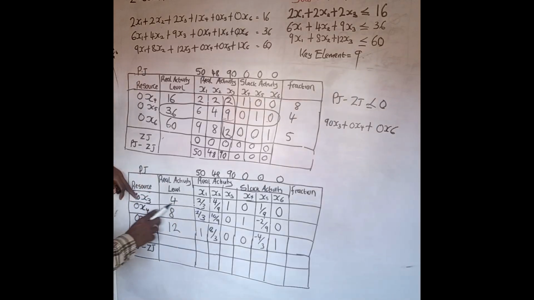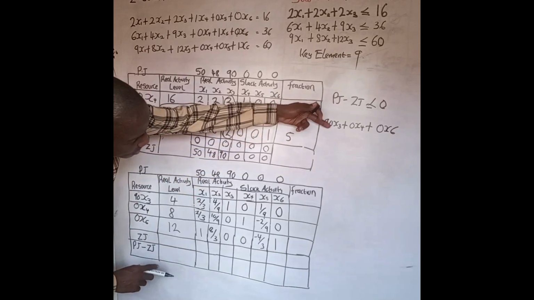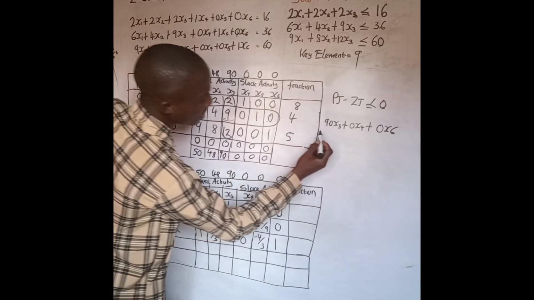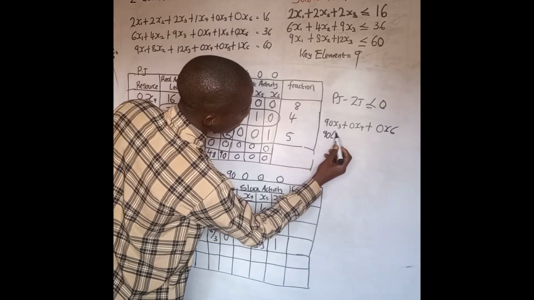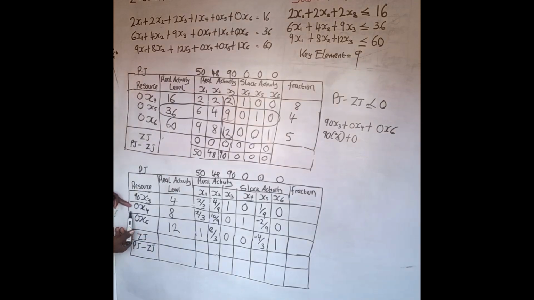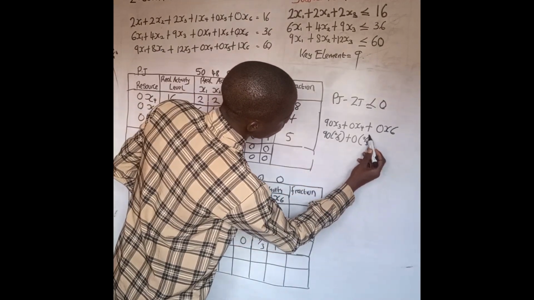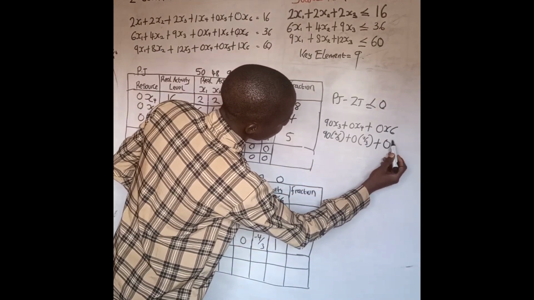If I trace this value here, you can see that the corresponding element is 2 over 3. So instead of this x3, I'm going to be substituting 2 over 3. Now I'm going to be having 90 into brackets 2 over 3, plus 0, because 0 is the coefficient of x4 here. I'm still going to trace the element. The element is still 2 over 3. So 0 into brackets 2 all over 3 also.